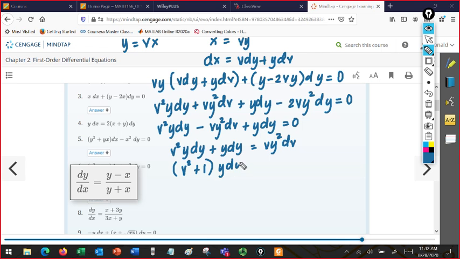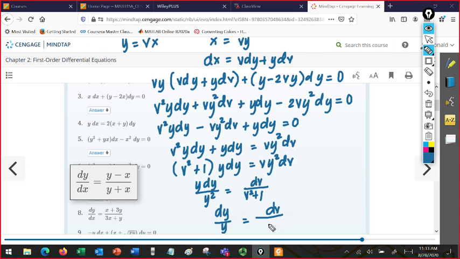Y dy, vy squared dv. Pag pinaghiwalay na natin, y dy over y squared equals dv all over v squared plus 1. So this becomes dy over y equals dv all over v squared plus 1.